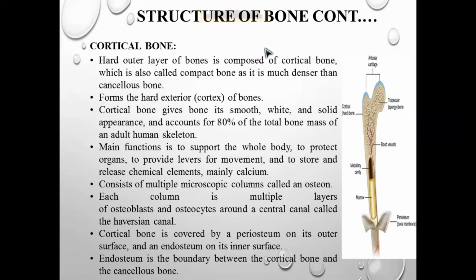So these two bones are differentiated with the help of the layer called endosteum. The cortical bone is covered by a periosteum on the outer surface and an endosteum on the inner surface. The endosteum is the boundary between your cortical bone and the cancellous bone. Okay.